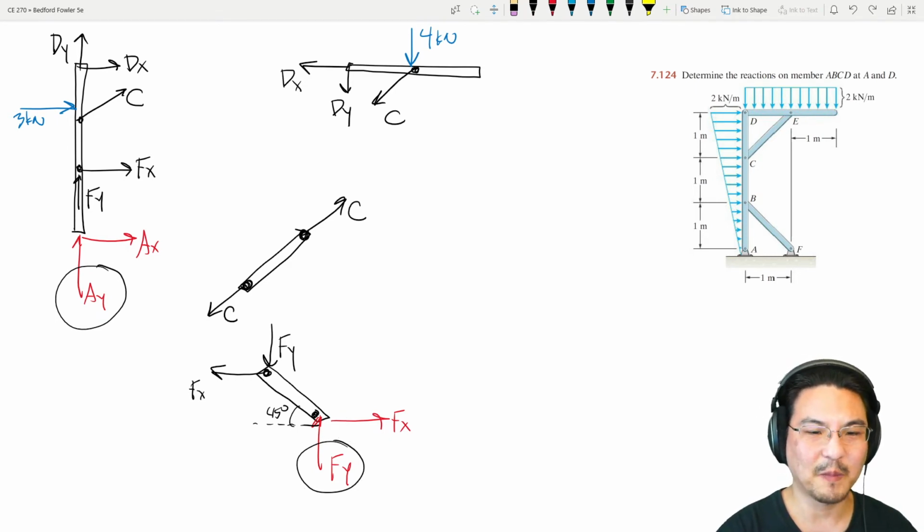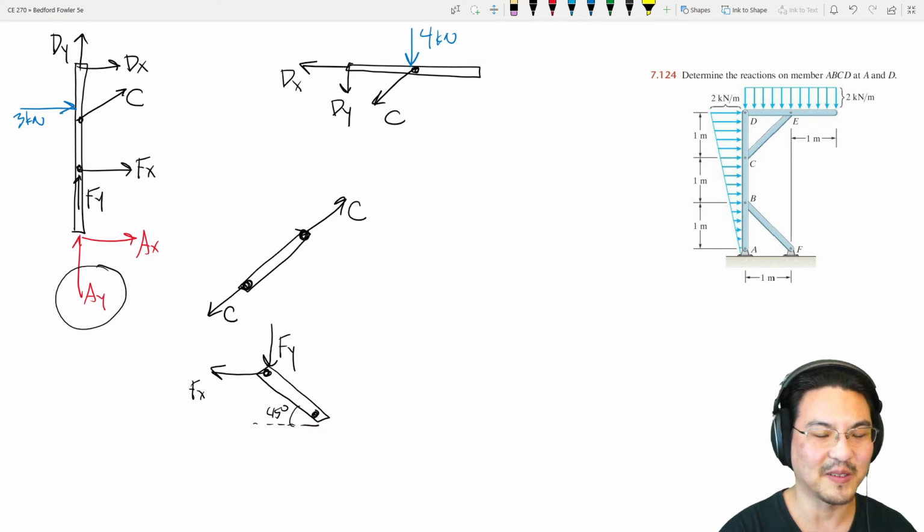So I'm going to draw it instead. We already know this answer, Fy. So I'm just going to draw it like this instead and make note that Fy is this cosine 45.